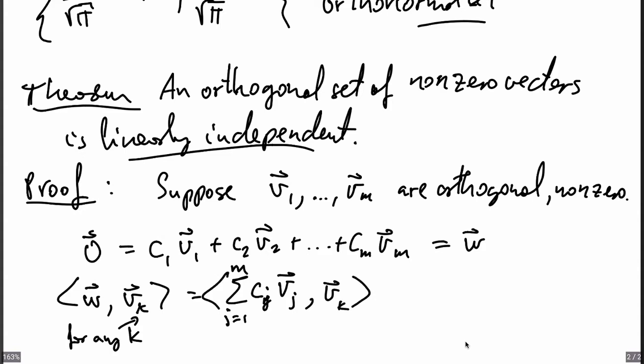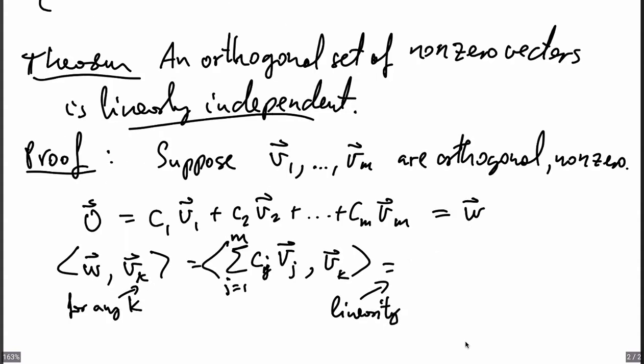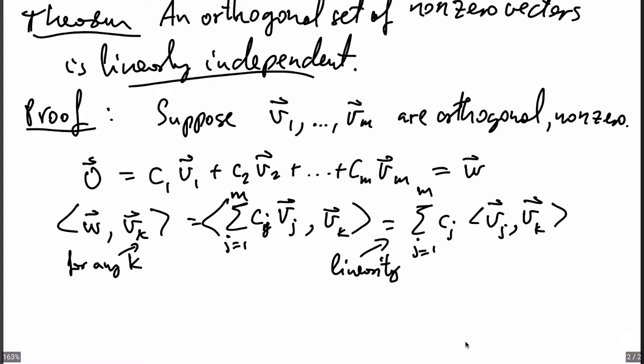We have linearity of the inner product, so we can do it term by term from the first component, and also we can factor out the cj multipliers to get then vj inner product vk. And this is always 0 except when j equals k, since this is an orthogonal set. So what we get is that all the terms are 0 except the kth one.